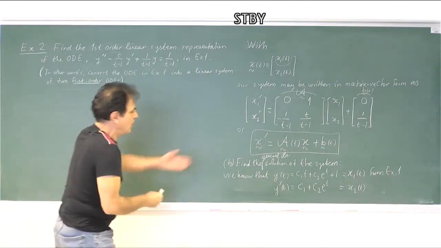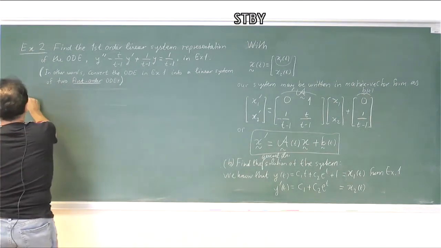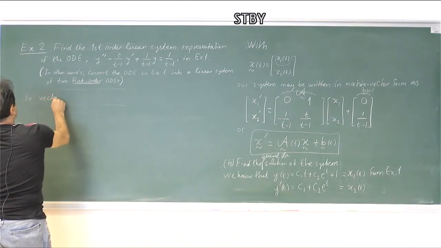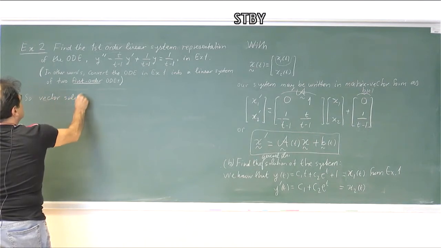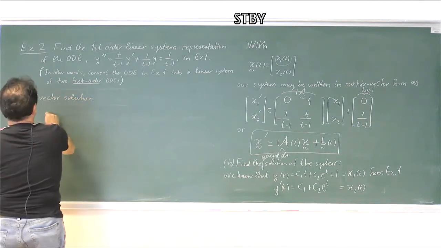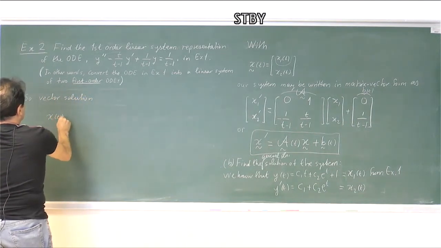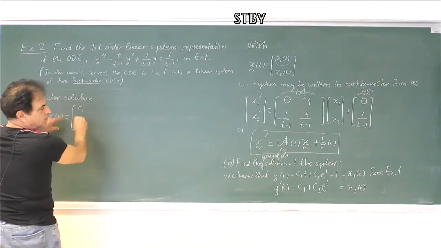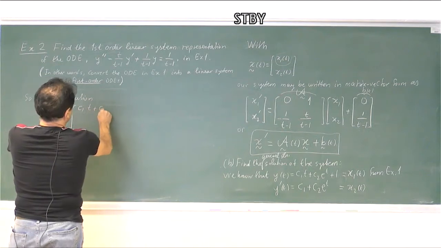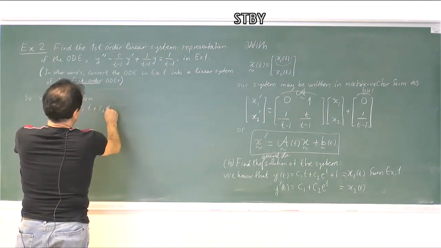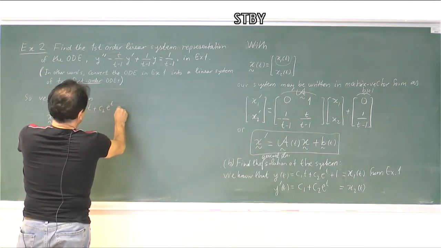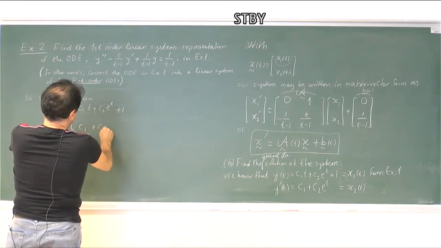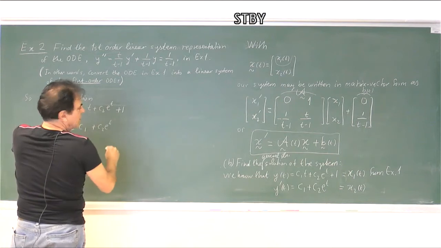So the required vector solution x of t has the form c1 t plus c2 e to power t plus 1, c1 plus c2 e to power t.